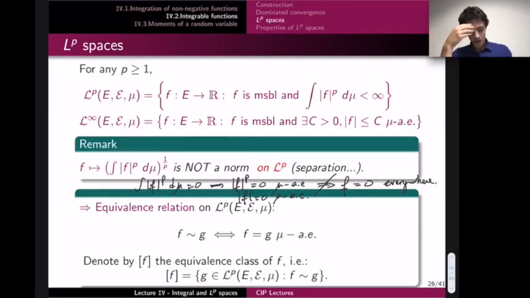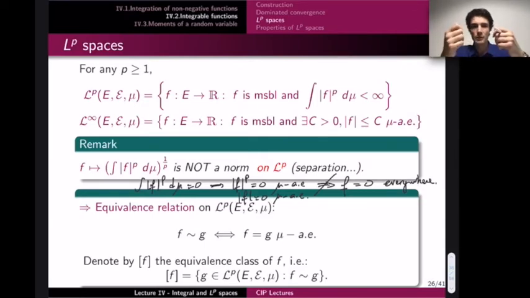Well, by introducing an equivalence relation like this. We'll say that f is equivalent to g, with this tilde symbol, if f is equal to g mu almost everywhere. And in fact, we will not consider really functions, but equivalence classes of functions which are equal to one another almost everywhere.